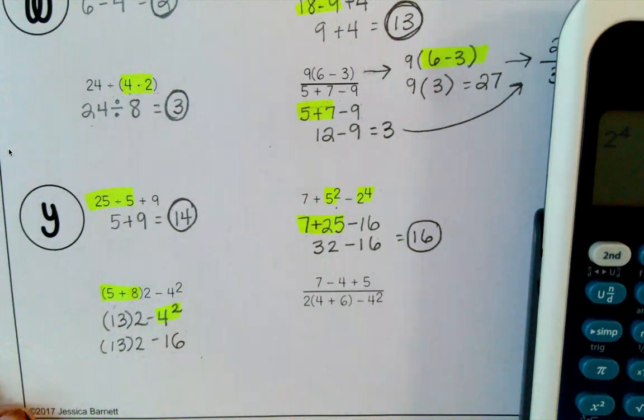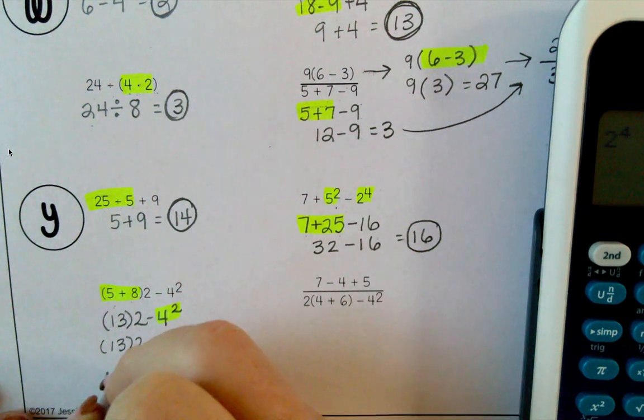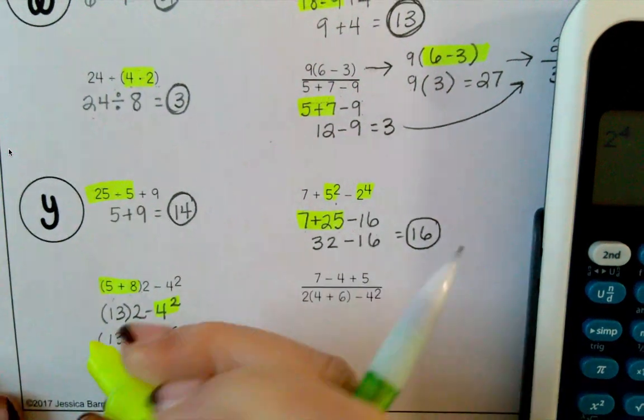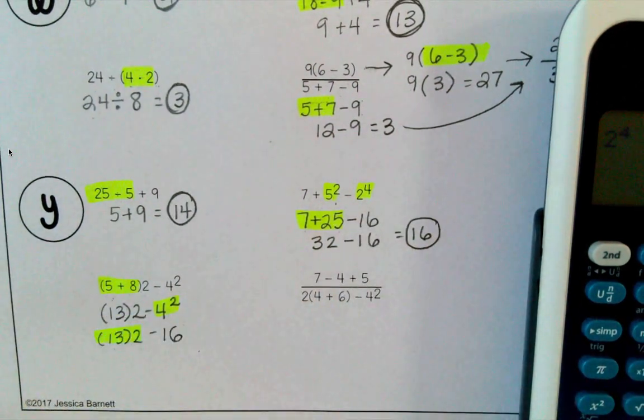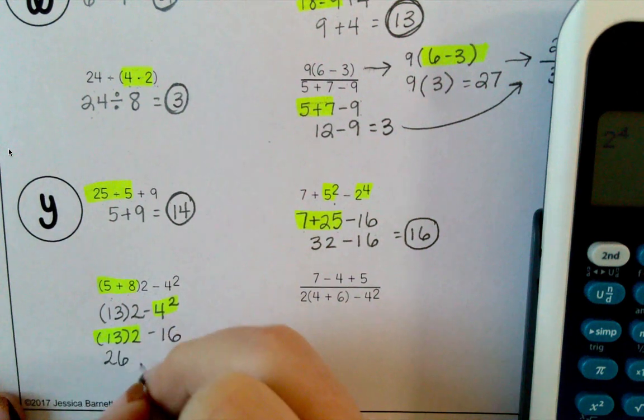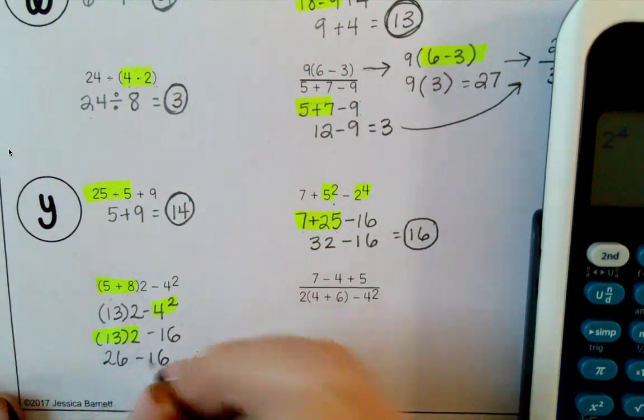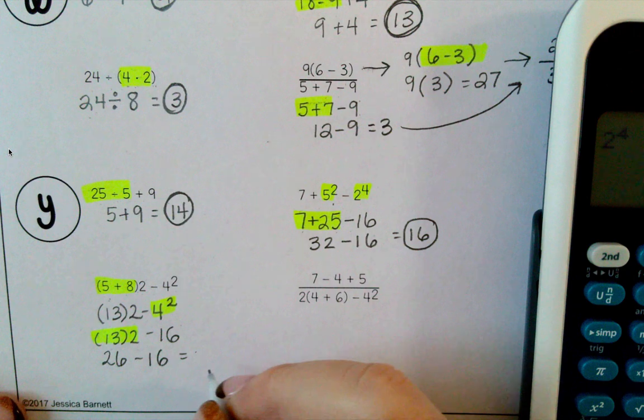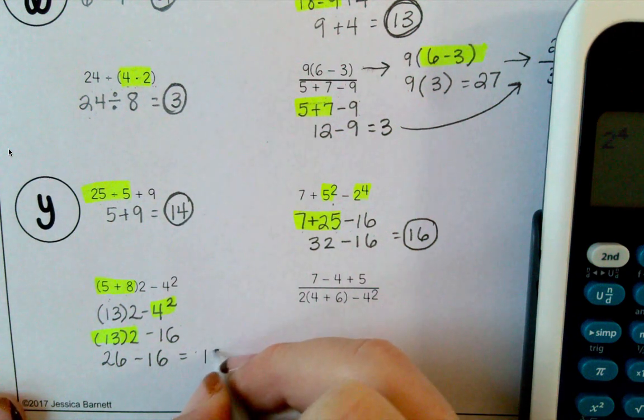If I look at my steps, I know I have to multiply first. 13 times 2 is 26. I'm also going to highlight that so I remind myself the order I'm going in. And then if Miss Collins has to check my work, she can say, well, hot dog sauce, that's where they went wrong. 26 minus 16 is 10. There you go.